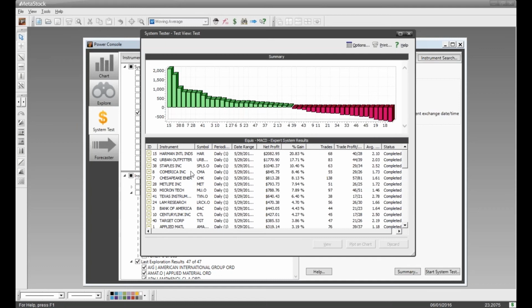ETFs, Spider, Diamonds, etc. Some individuals are going to trade, like I said, a handful of instruments consistently. In that case, I'm going to want to find what system works best for that instrument. In the case we just ran, we already have our system. We're already trading the MACD.